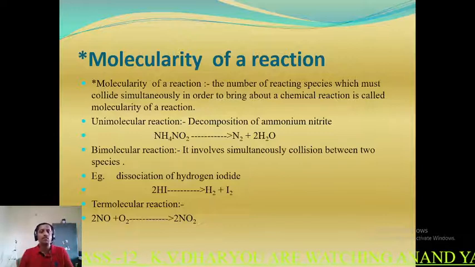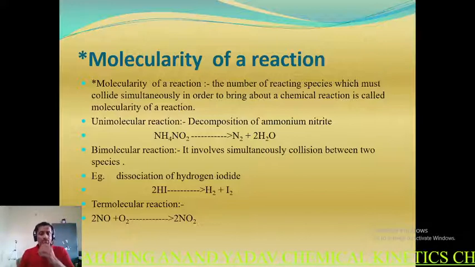The probability of simultaneous collision is maximum for 2, meaning two molecules can collide simultaneously; the probability of three-molecule collision will be less, and for four molecules it will be very less. So the reaction with molecularity 4 is very rare.